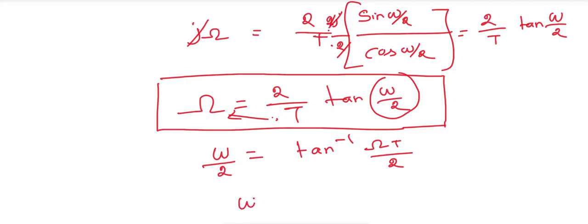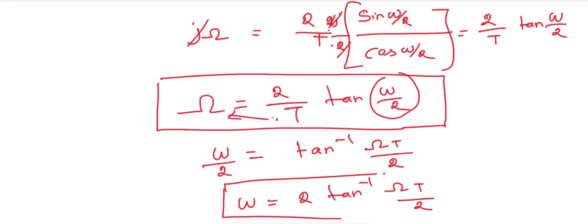So now omega is equal to 2 tan inverse omega T by 2. This you can also highlight. So this is the relationship between analog and digital frequency.